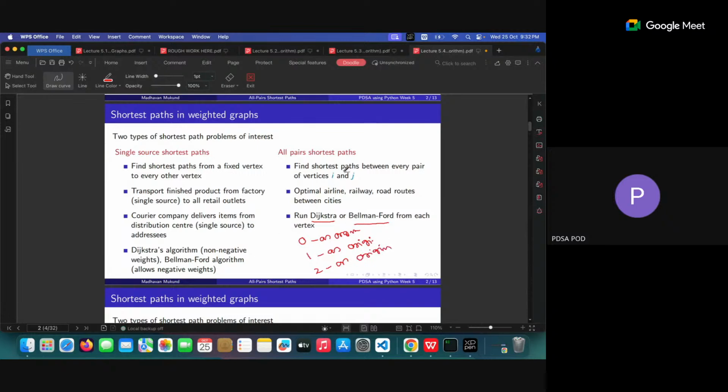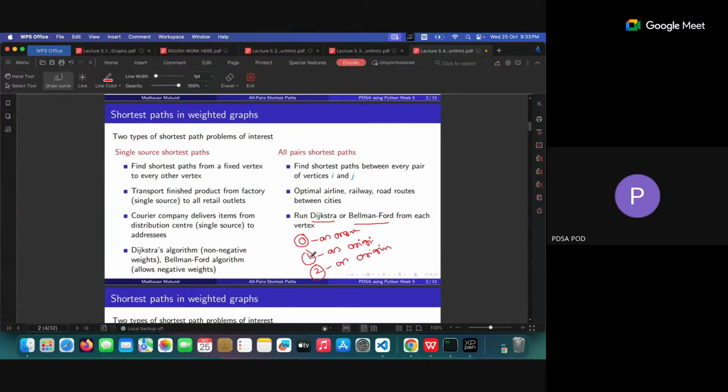So all pairs can be done by running Dijkstra's or Bellman-Ford for each vertex as a source. If there are 5 vertices, you run it 5 times with 5 different sources, and you get the all pairs shortest path solution. So that is what you can do even with the earlier algorithms.